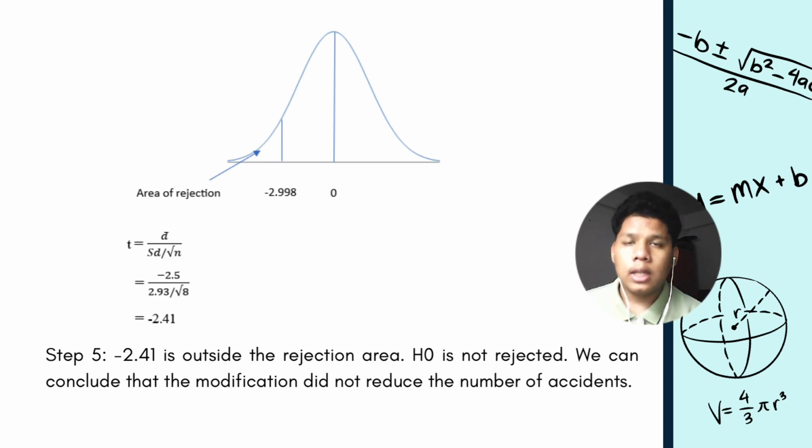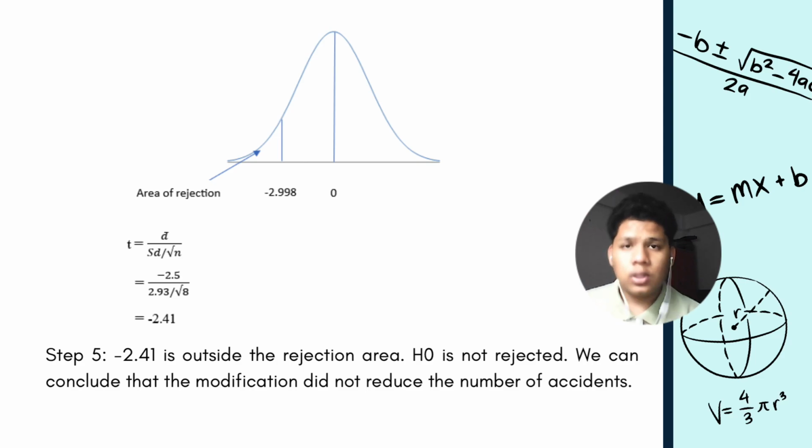After that, we will calculate the t value, using the same formula as the previous question, which is d bar divided by sample standard deviation per square root of n. So we calculate the value of d bar, and we get the answer, which is minus 2.5. And we calculate the standard deviation, which is 2.93.